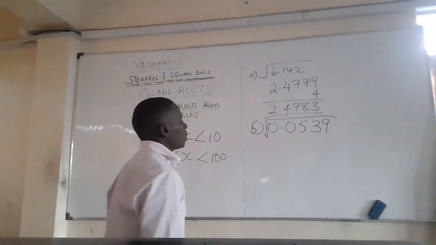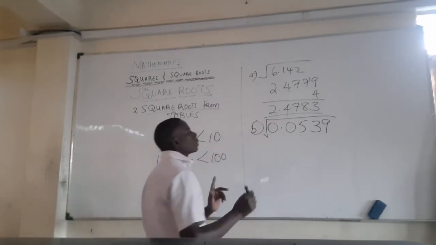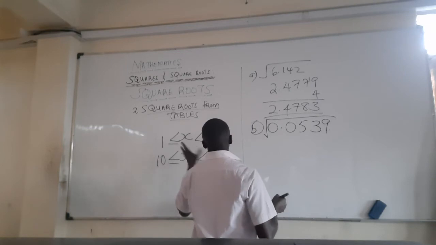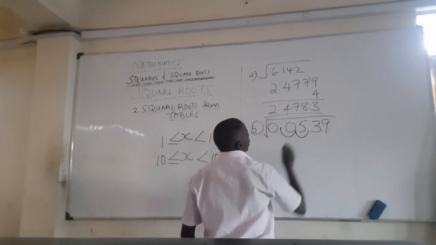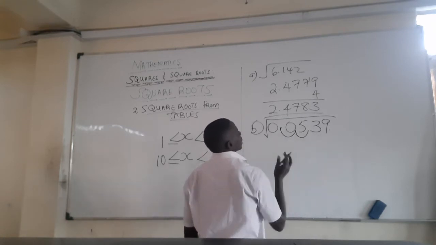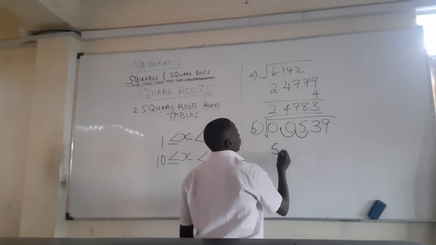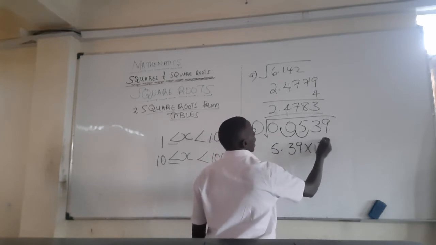In this case, we are going to write it in such a way that the power is even. That is what determines what table we are going to use. So here, we move 1, 2. We don't go beyond that because our power is even. So we get 5.39 times 10 power negative 2.